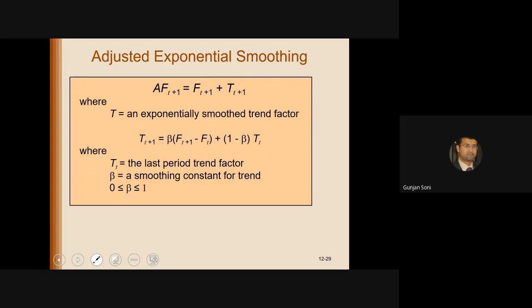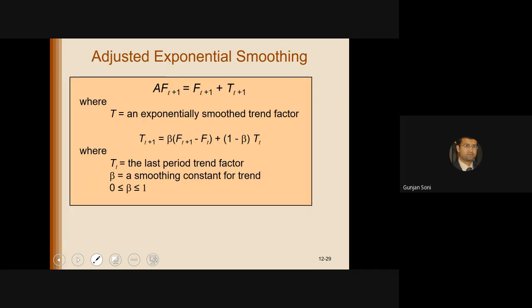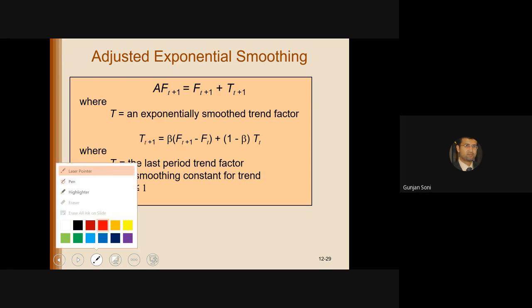Now let's do the same problem for the same data, now with the trend correction factor also. First we find T3. Now again the question comes, why am I not finding T2 first? Let's see what it would be if I try to find T2.